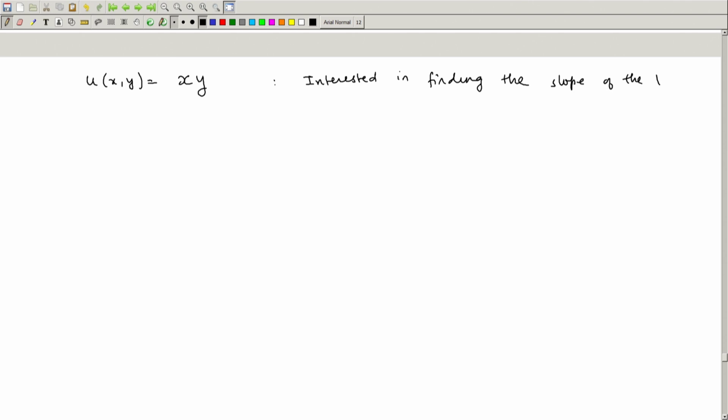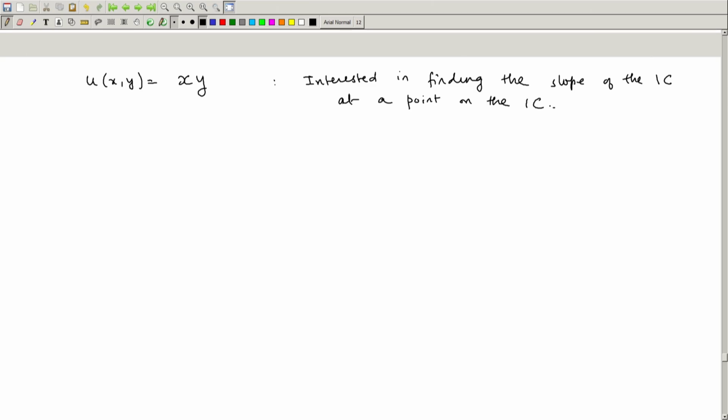We know that the indifference curves are downward sloping, but we are interested in finding out the magnitude of the slope at a point on the IC.